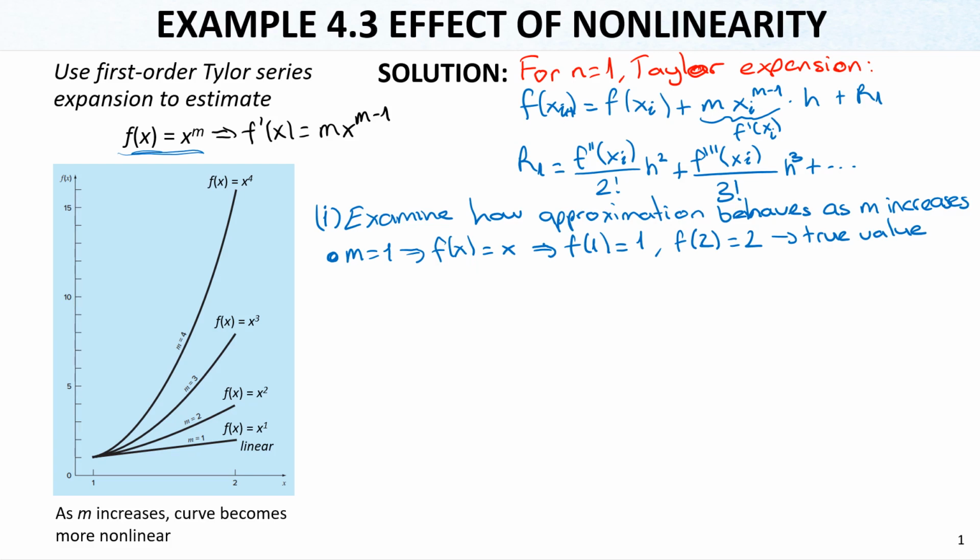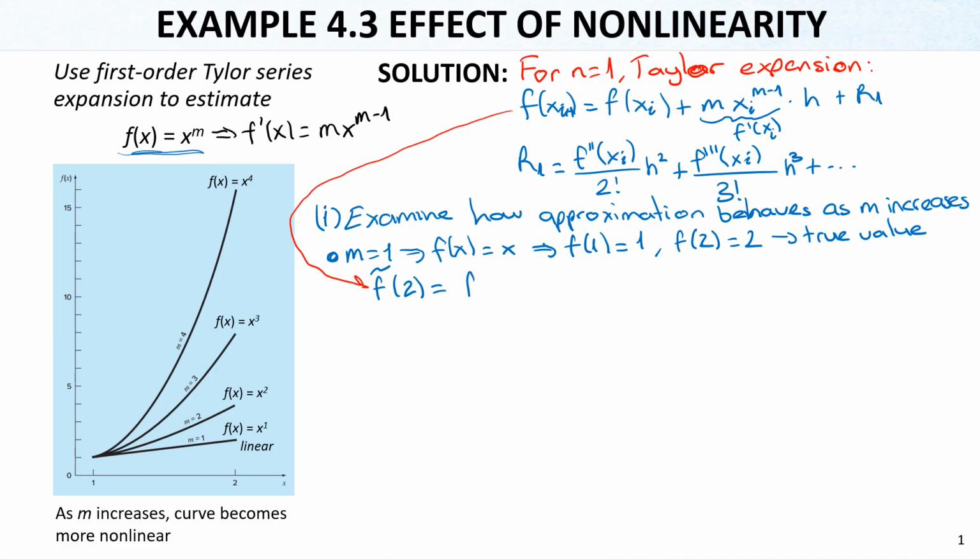Now let's use the prediction, that means the first order Taylor series. f(2), and I will write tilde by skipping the remainder term. So I will take this function here, use x_i+1 as 2 and x_i as 1.